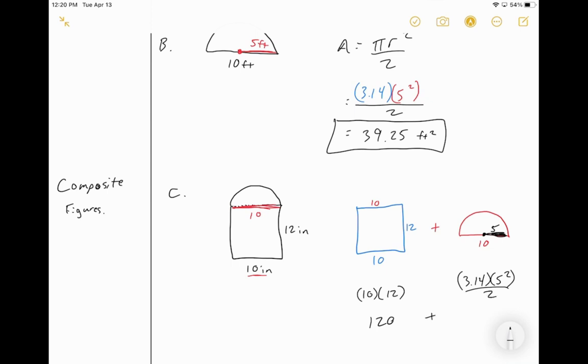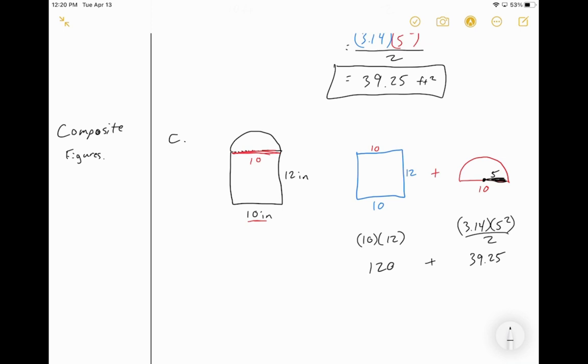Go ahead and put that in your calculator. And we already know what it is, since this is the problem we just did. 39.25. Okay, and then what is our last step? Last step to find the whole thing, just add them together. So 120 plus 39.25 is 159.25 square inches.